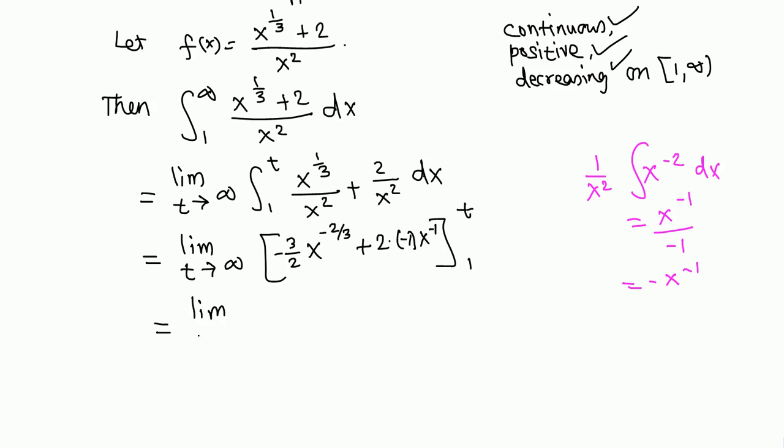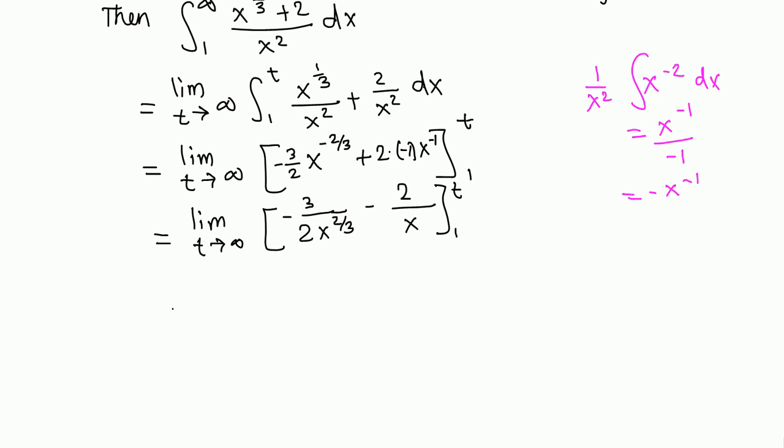Let's put them on the bottom. The limit as t goes to infinity of negative 3 over 2, let's put x on the bottom. Negative 2/3 becomes just positive 2/3. Negative, negative, 2 on the top, divided by x to the negative 1, just x. And we need to evaluate from 1 through t. Let's evaluate this function, then we take the limit.